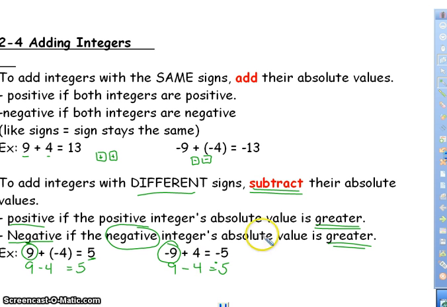Okay? And once again, if I demonstrate this with my chips here, I'm going to have 6, 7, 8, and 9 positive chips. And then I'm going to apply 4 negative chips to those as well. So 1, 2, 3, and 4. Okay, so these would cancel, gone.